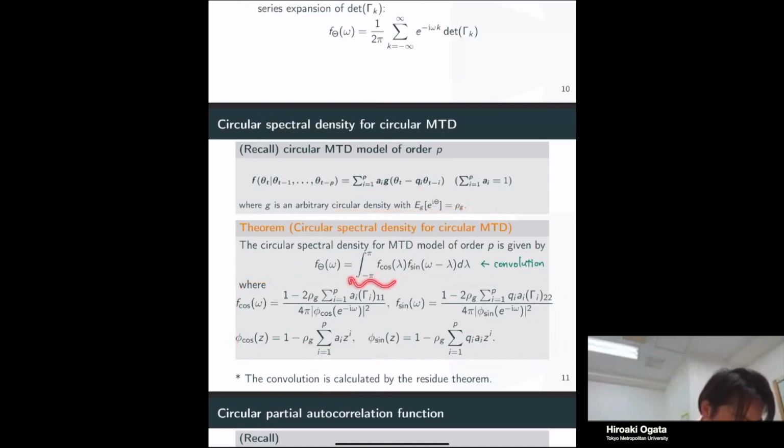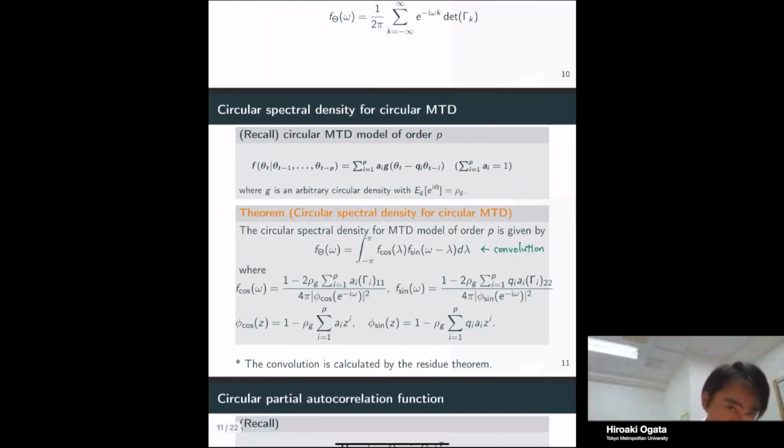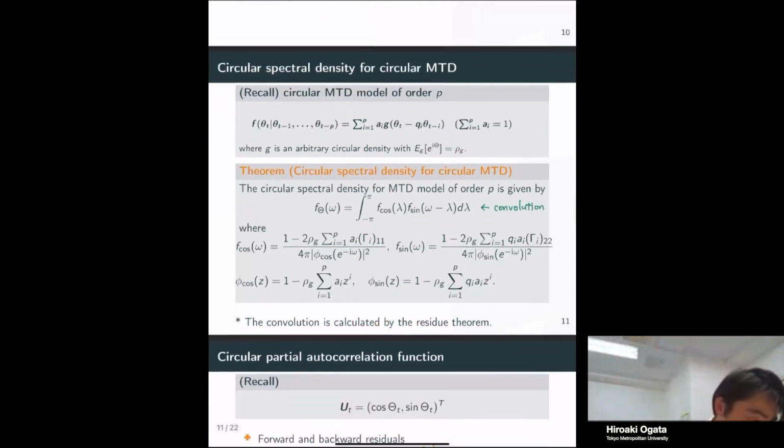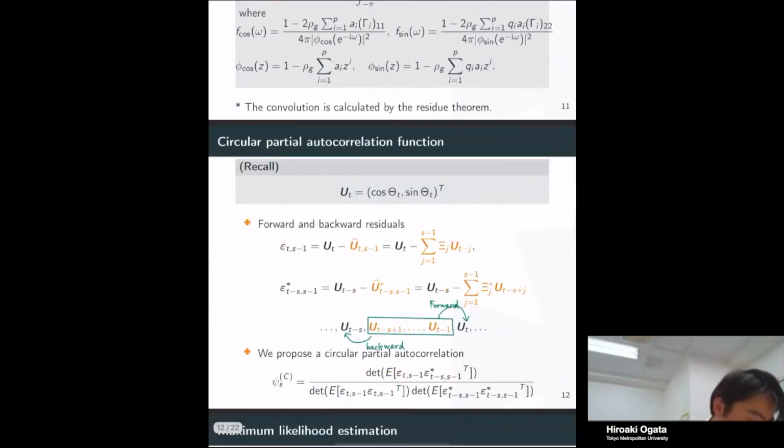The final expression is a convolution, so it is not seen explicitly, but this convolution is calculated by the residue theorem, so we can calculate this spectral density. But the expression is very complex, so I don't display it here.